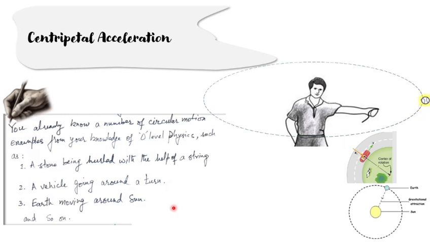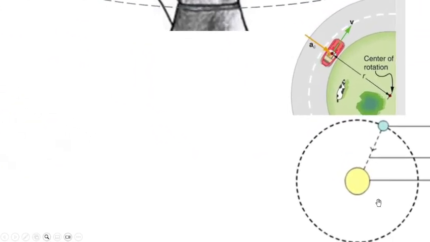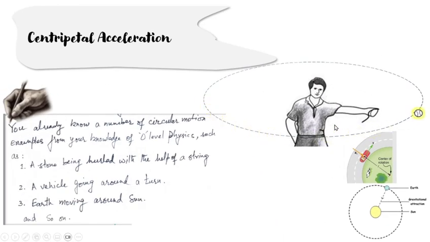The number one example is a stone being hurled around with the help of a string above the head of a person; number two, a vehicle going around a turn; number three is Earth moving around Sun. Now, the centripetal force for the stone is being provided with the help of a string and being pulled by the person in the center of the circle.